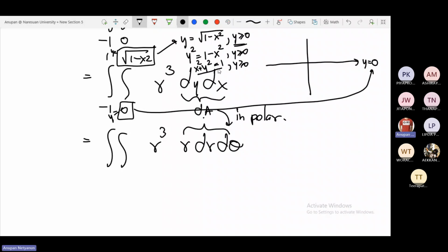This is a circle of radius 1. But you want it where y is always greater or equal to 0 only. That means this circle, the lower part is where your y is all negative, right? So you just want only the positive part.